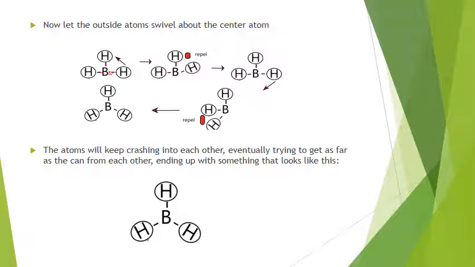So here's an example. Now this hydrogen starts to move too close to this hydrogen. What happens is it repels, and then it bounces back. And then you might get this guy swinging around and trying to get close to this hydrogen, and what does it do? Bounce back. All right. When it all is said and done, this is the shape that we get, at least from one view.